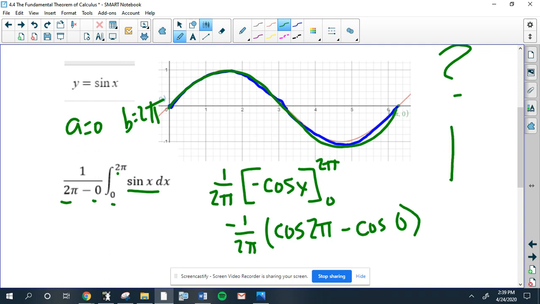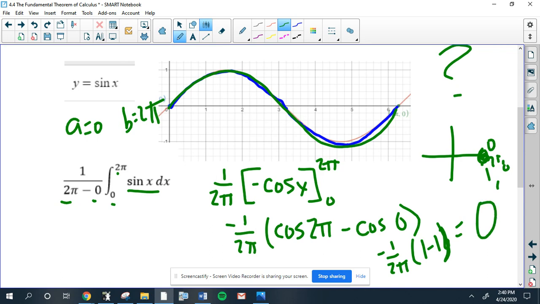Now the cosine of 0 is 1, and the cosine of 2 pi is the same spot. This is 0 and 2 pi, so it's still 1. So this is negative 1 over 2 pi times 1 minus 1, which is 0.